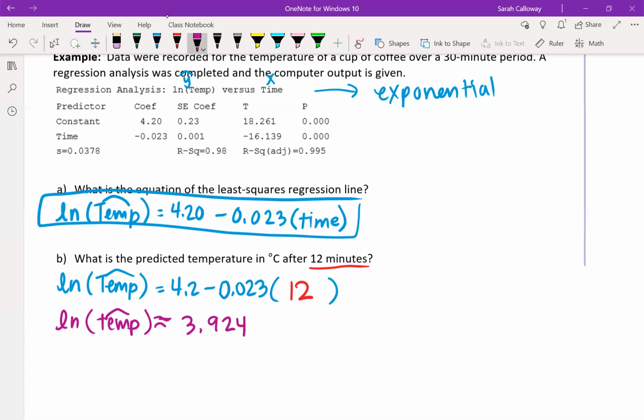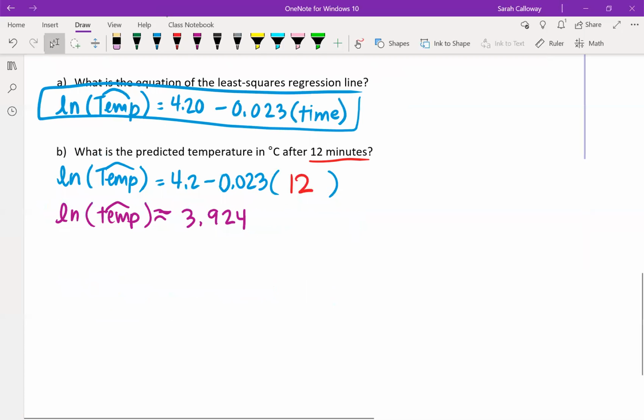So this is not my answer because it's not the predicted value of the temperature. I have to actually get the value of the temperature. So remember, what's happening here is that I have to use exponentiation to get rid of the ln, meaning I have to write everything with a base that's the same as the natural log.